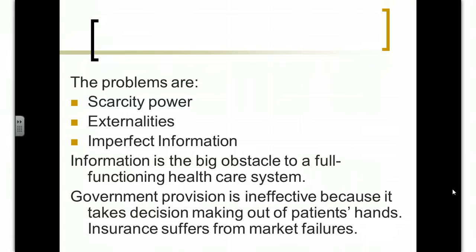So government provision is ineffective because it takes decision making out of patient hands. So choosing between blind people and able-bodied people, choosing between 2 people in a cardiac arrest. When you undertake government provision, those are the decisions you have to make. Insurance suffers from market failures, so adverse selection and moral hazard.